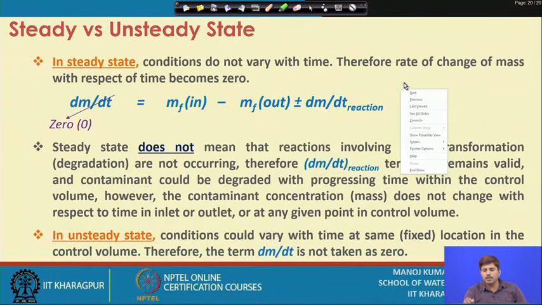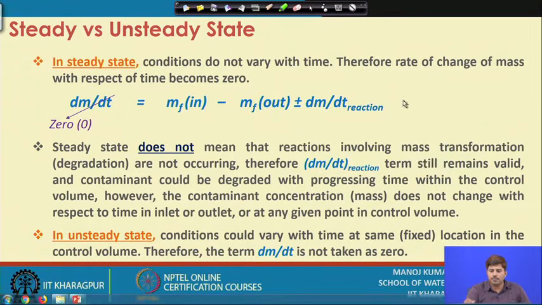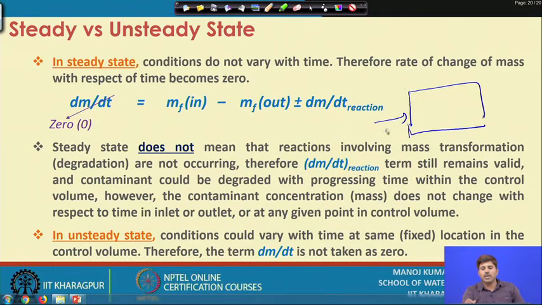Let us say this is my reactor, this is my control volume. We have an inflow coming in, an outflow going out, and there would be reactions taking place, but the concentration here or here may remain constant and not change over time.